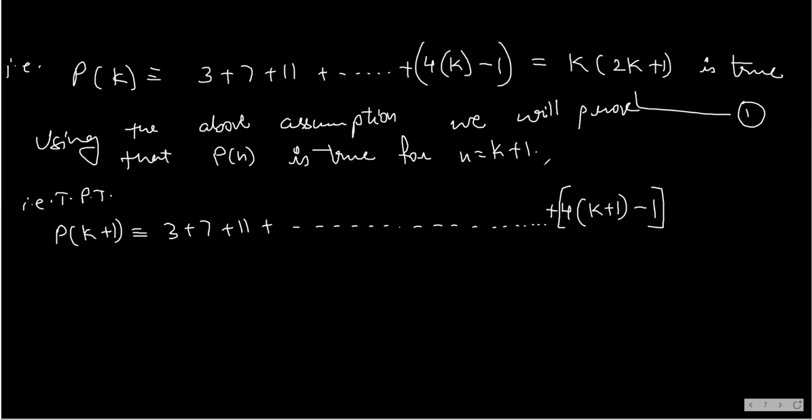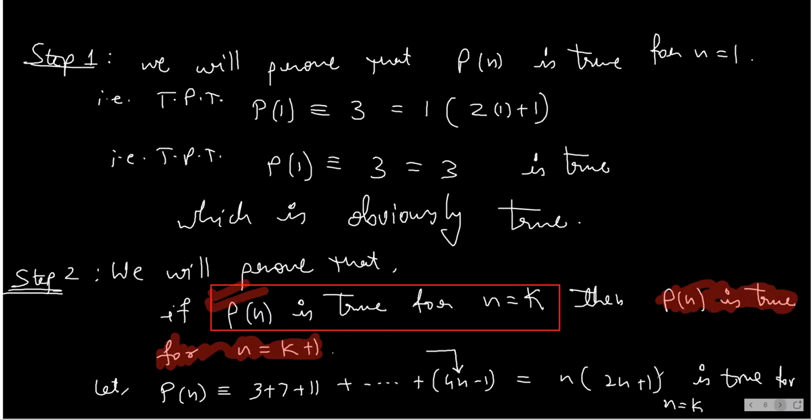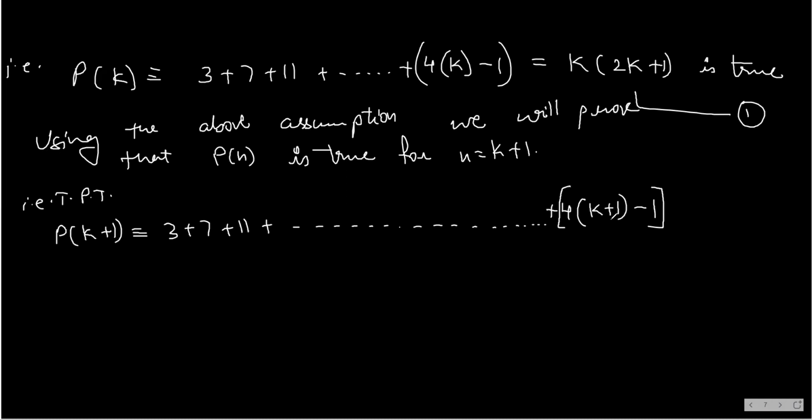Just before that, the term will be when n equals to k, so that is 4k minus 1.